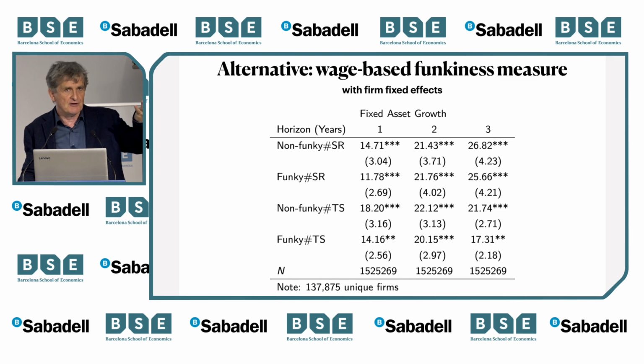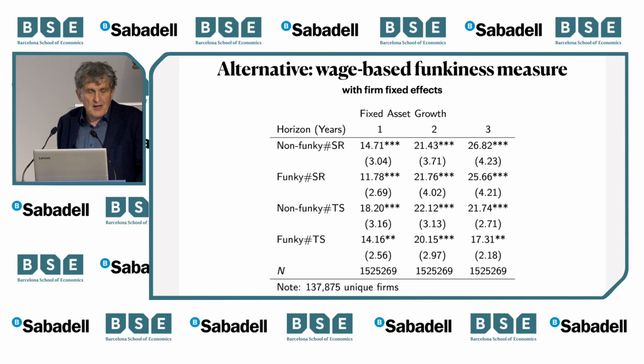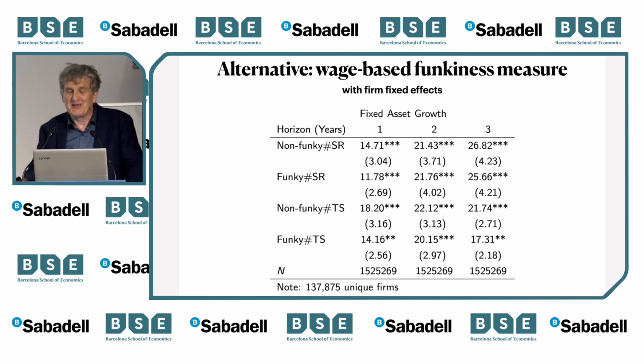But they seem to be rather good at giving information on directors' remuneration and overall employees' remuneration. So the ratio for determining funkiness is more available to us. So we've got more firms, and well, maybe here the extent to which 21 is bigger than 17 is less impressive.